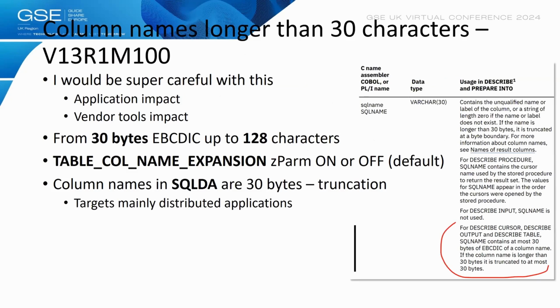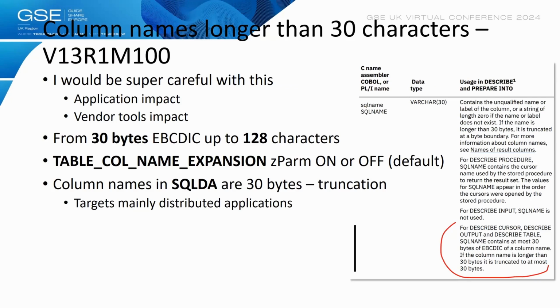One interesting feature was introduced even in function level 100. And I remember this one because it was shared when Db2 13 was introduced at IDAA North America 2 years ago, I believe. And this looks interesting, but I would be very careful with this feature. So it now allows you to use long names in the column names from 30 to 128.